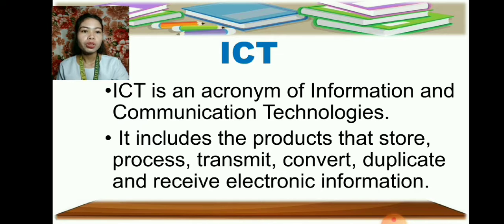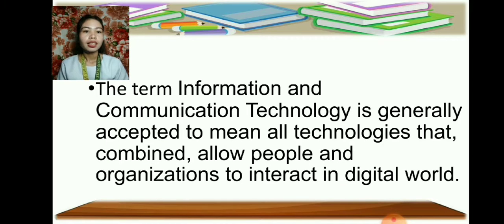ICT is generally accepted to mean all technologies that combined allow people and organizations to interact in the digital world. ICT refers to all communication technologies that include internet, wireless networks, cell phones, computers, and other media applications and services.